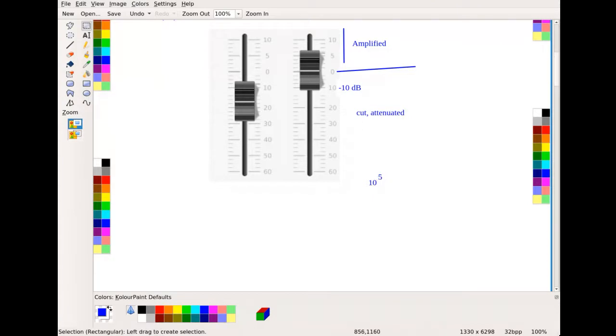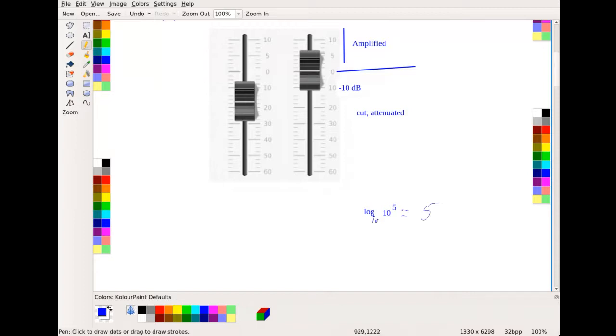If I take the log, the base 10 log, of 10 to the 5th, that gives me 5.